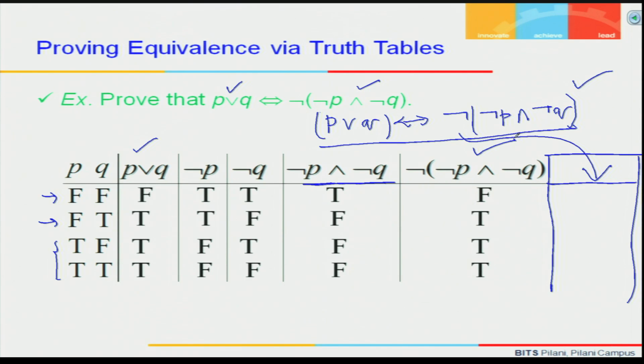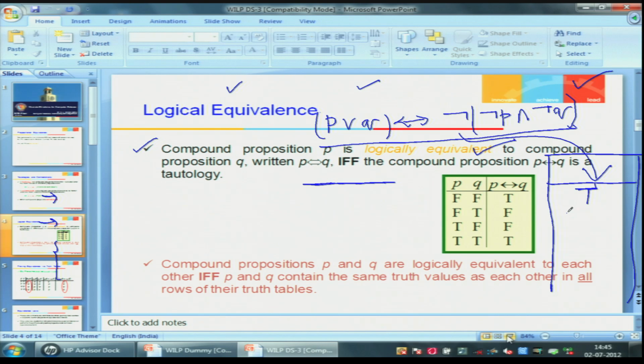If you see in our previous slide, what we found is that if the value of P or Q and the value of not P and not Q are the same, then the if and only if operator is defined such that it takes true as its value. That is what we have seen in the last slide. See how it is defined.